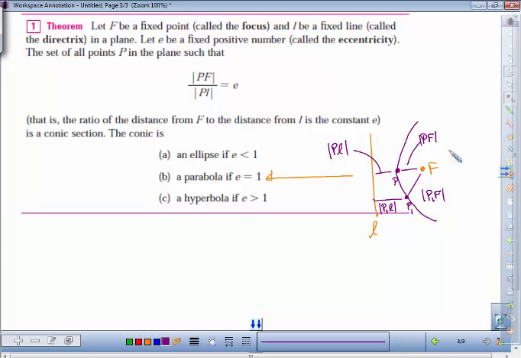Okay? So in terms of the eccentricity, if the eccentricity is 1, then we got ourselves our parabola.